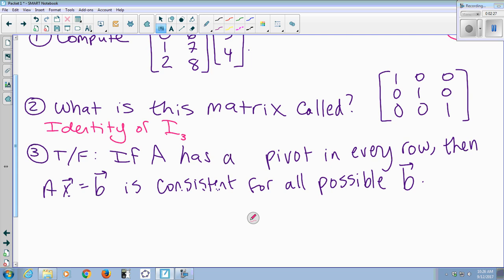Yeah. And it's the identity because when you multiply 1 times anything, you get that thing. So in matrix land, the identity is 1's on the diagonal, 0's everywhere else.